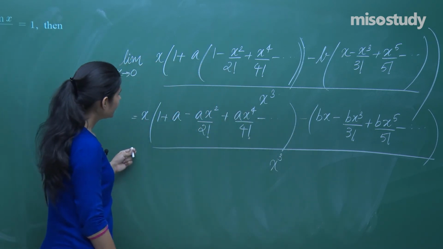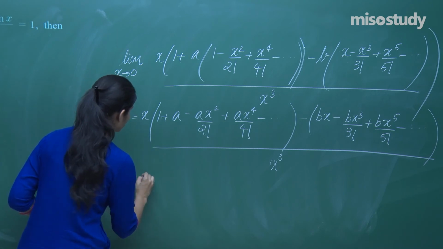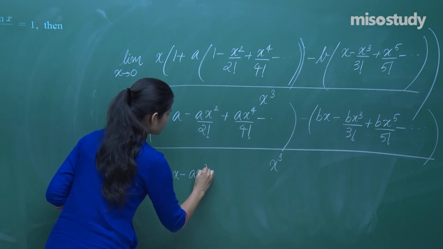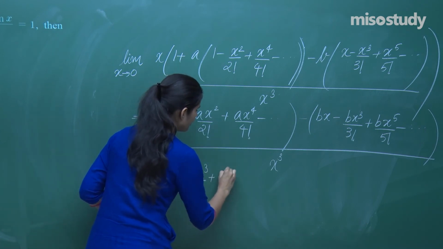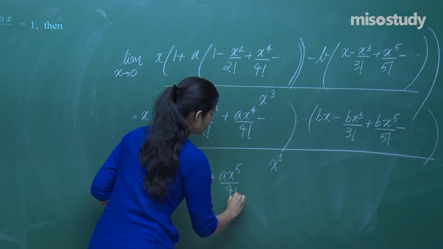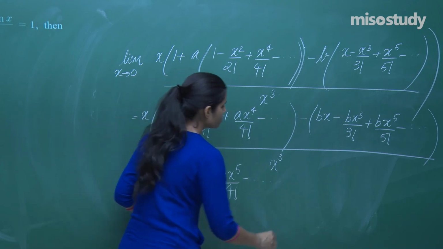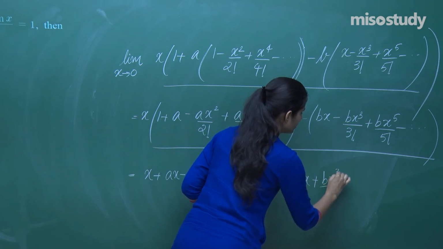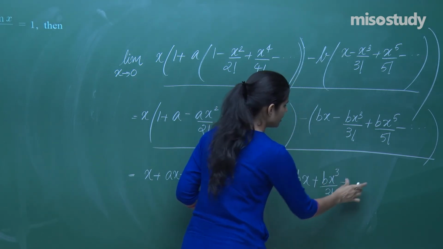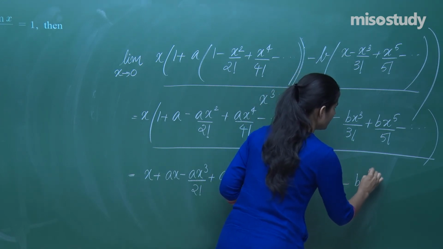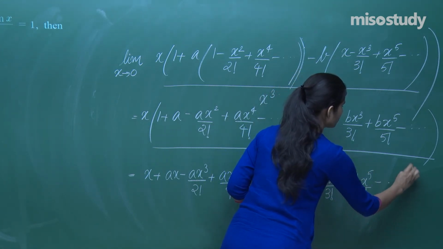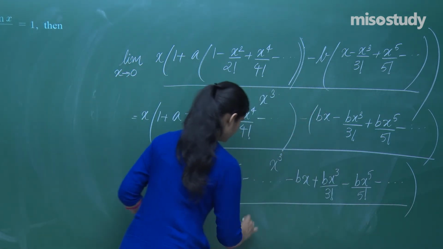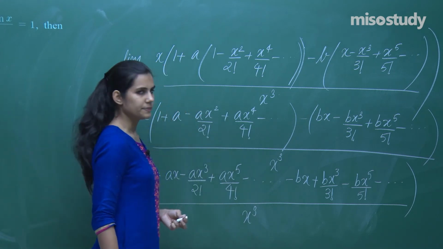Now if you see, you basically are left with, let's open this up completely, this is x plus ax minus ax cube by 2 factorial plus ax to the power 5 by 4 factorial minus and so on, minus bx plus bx cube by 3 factorial minus bx to the power 5 by 5 factorial and so on, whole upon x cube.